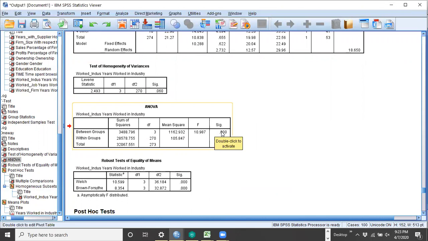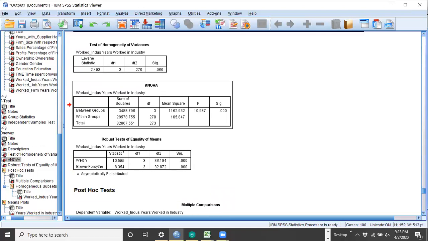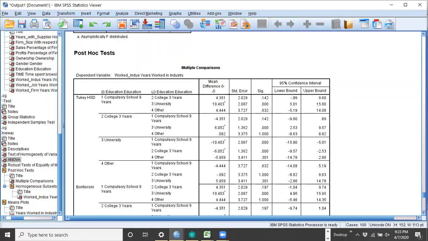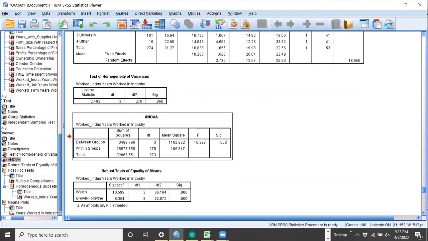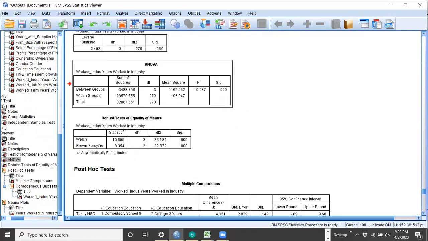The null was that the different groups with different levels of education would have worked an equal amount of years in the industry. But according to this table, this is not possible. So there is some difference. Now let's look at the difference.